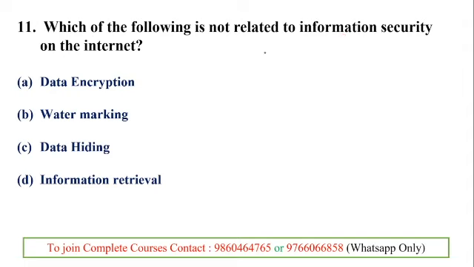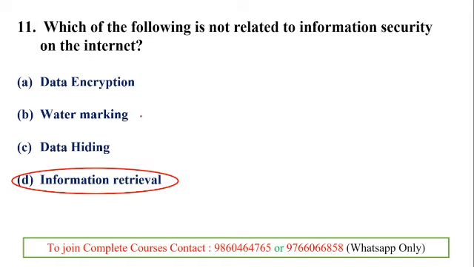The one that is not related to information security is information retrieval. Here, data encryption, we know what data encryption is. We can convert the data into other special characters or numbers, so it can make the data more secure.